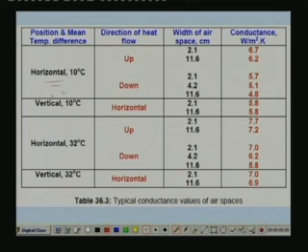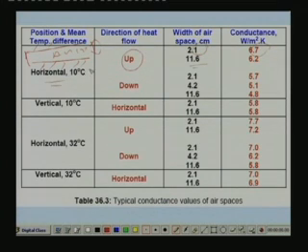For example, for a horizontal air space, like this, if the heat transfer is upward, that means from the bottom surface to the top surface, and the air gap is 2.1 centimeters, this is the conductance value. If it is 11.6 centimeters, the conductance value is 6.2.